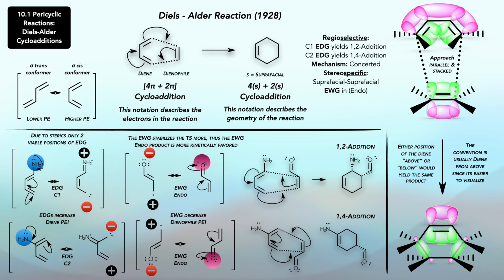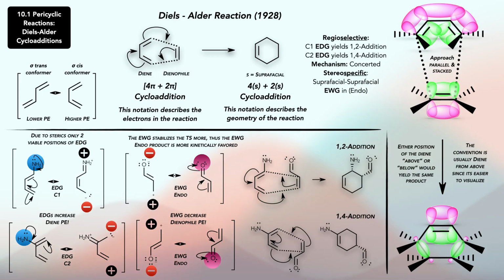Now we also look at the endo versus exo question. Electron withdrawing groups on the dienophile stabilize the transition state, and they do this through secondary orbital interactions. This is not sterics. This is orbital overlap in the transition state.